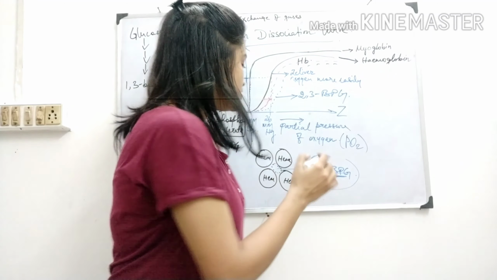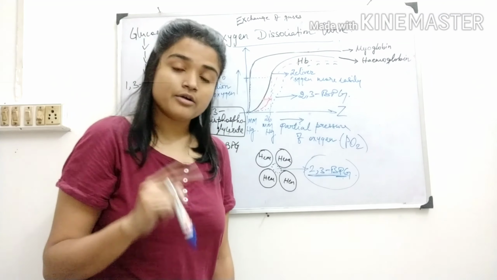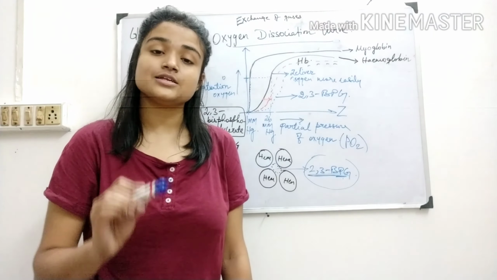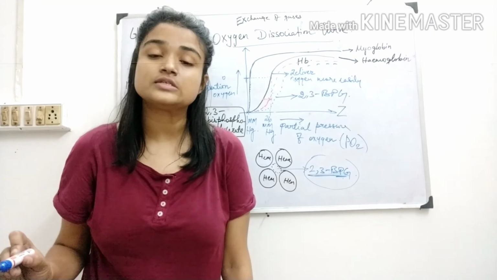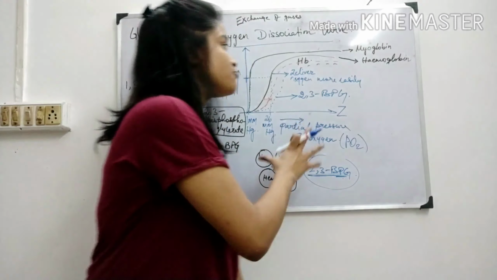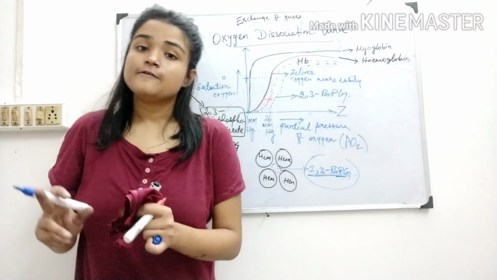At the same time, when 2,3-BPG is elevated, it binds to hemoglobin, reducing the affinity towards oxygen, and again shifting the curve towards the right. So this part is very, very important from your exam point of view.